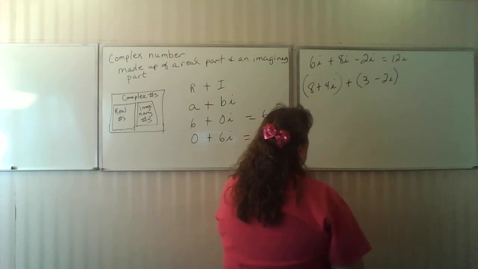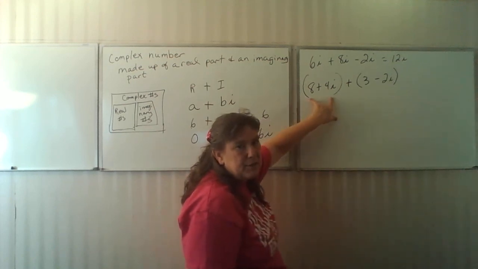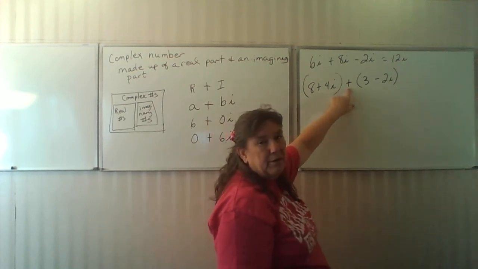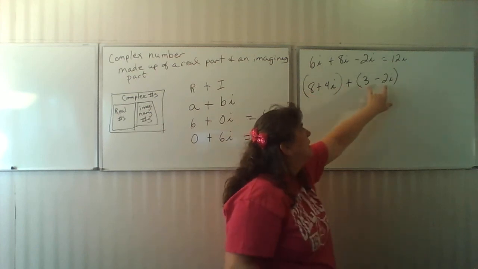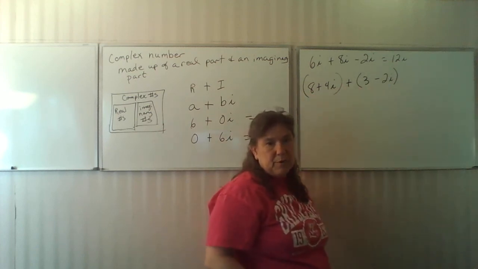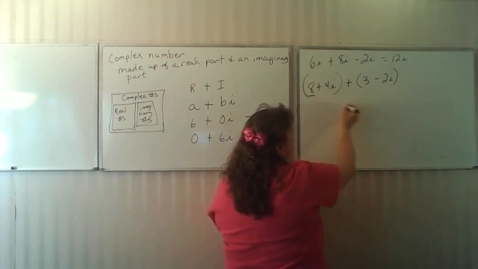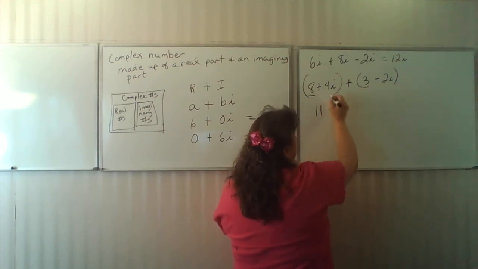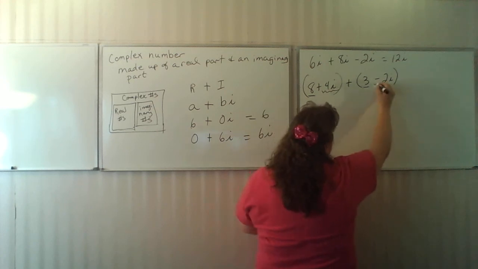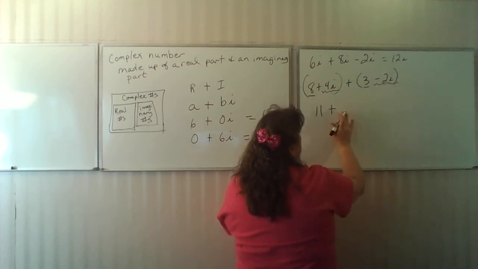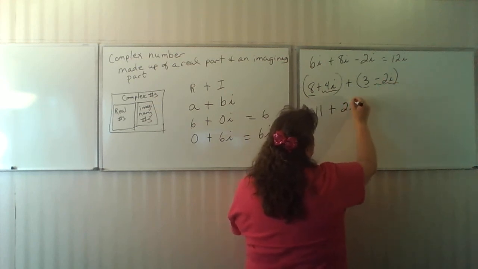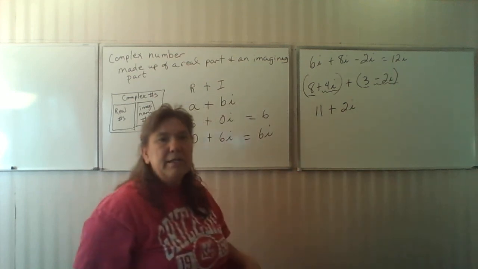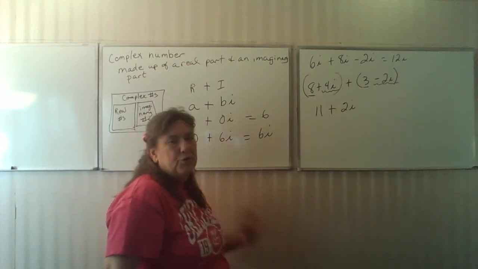Now we don't need the parentheses to do this when we have a plus here, because these are just exactly what they are. So I add my real part to my real part, which is 11, plus my imaginary part and my imaginary part, which is going to be 2i, because 4i minus 2i gives you 2i.